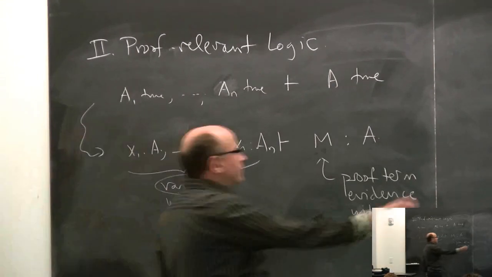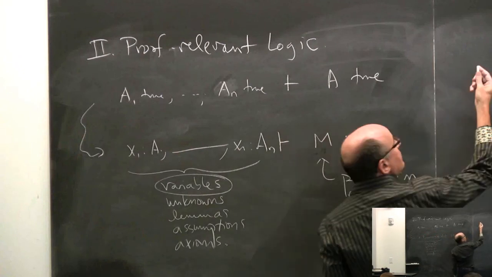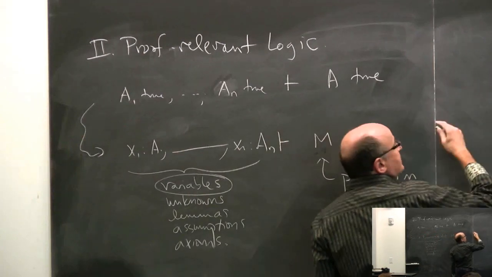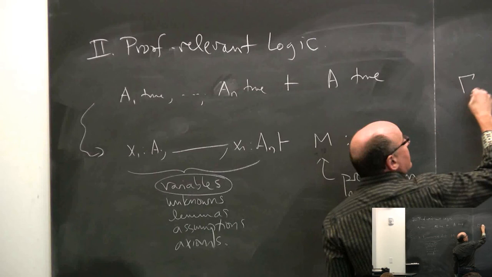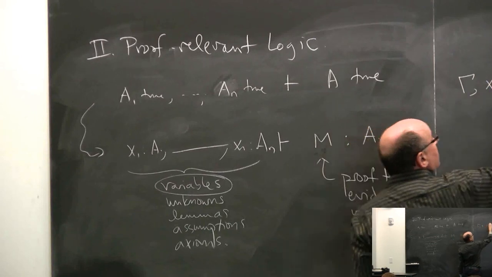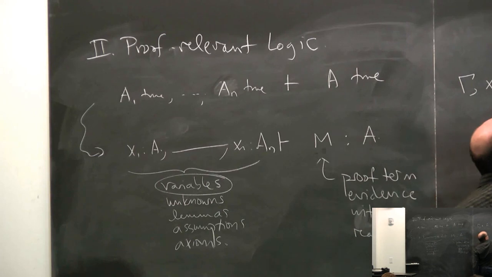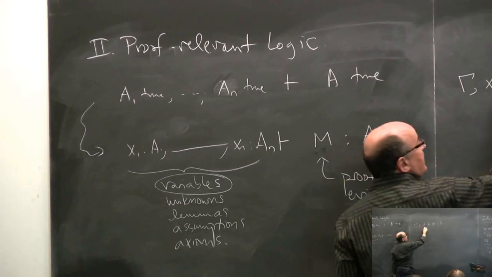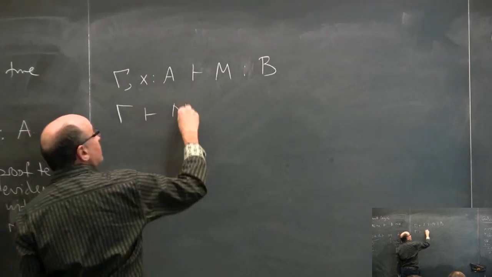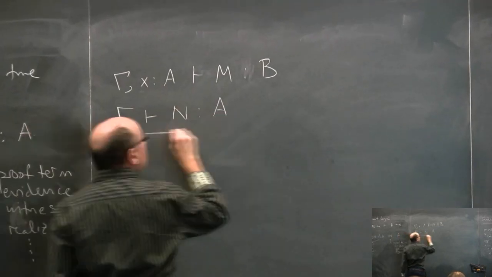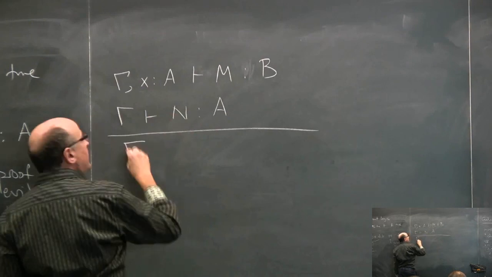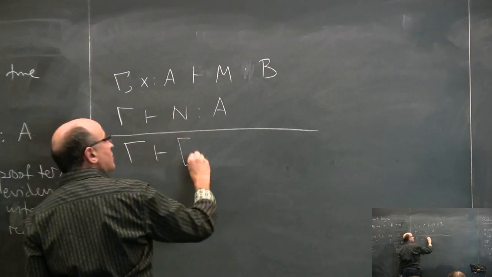So in particular, to finish for today, let's revisit what the rule of transitivity says, in this notation. If I have a proof of B from an assumption A, call that assumption X, and I have a proof of A, then I can combine those using an operation called substitution.